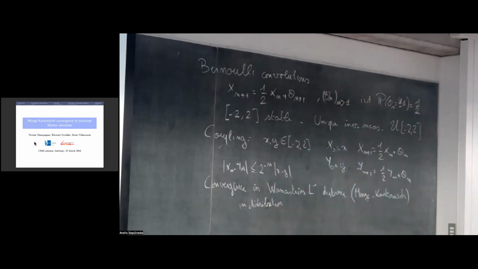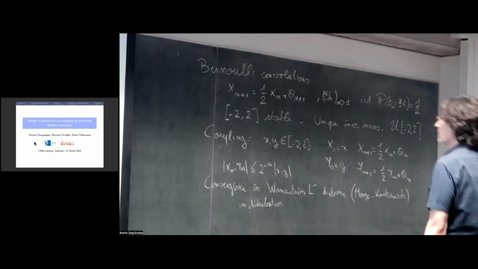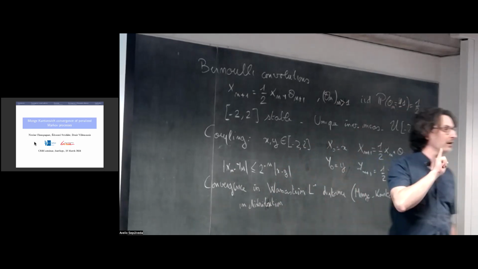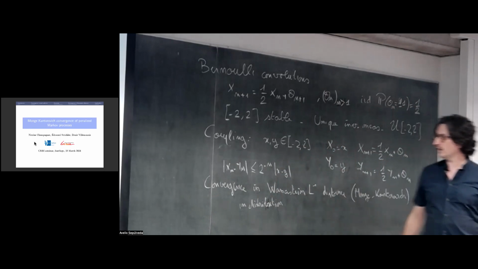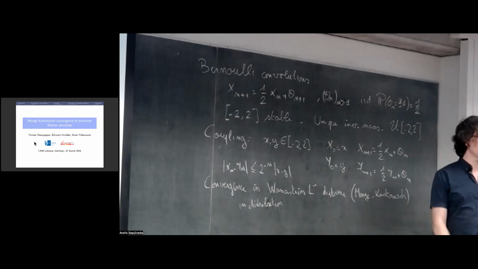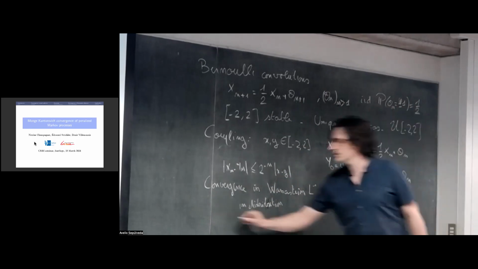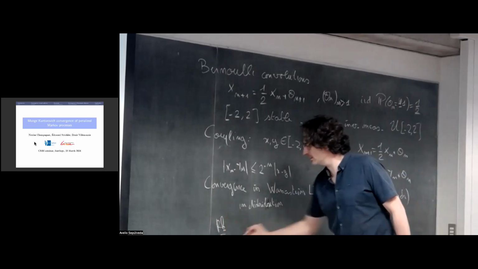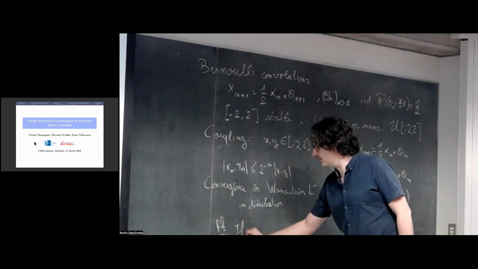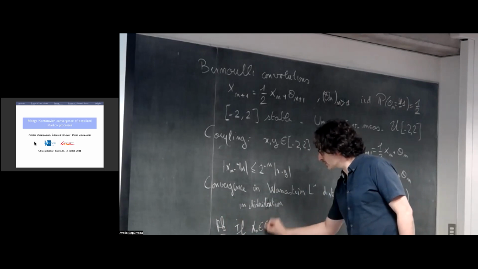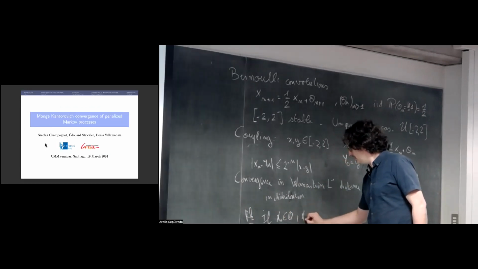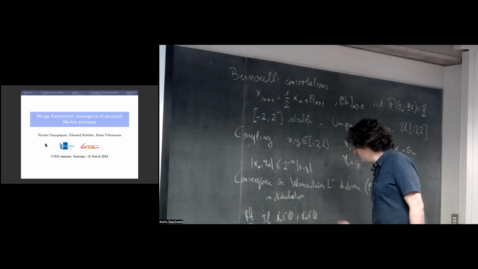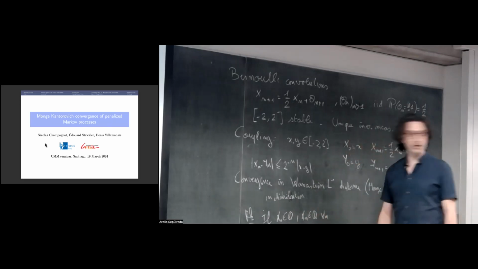Okay. And so now the question I want to address in this talk is, first of all, a remark. You have convergence in Wasserstein distance, but you cannot expect to have convergence in total variation distance because, so very simple remark, if x0 is rational, then xn is rational for all n.